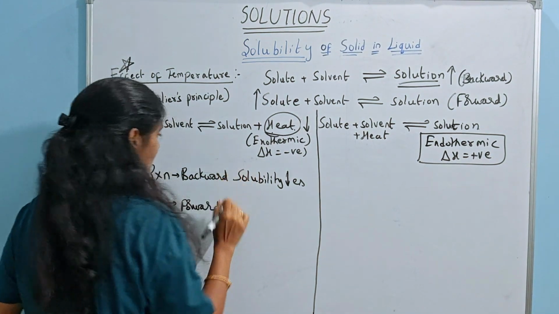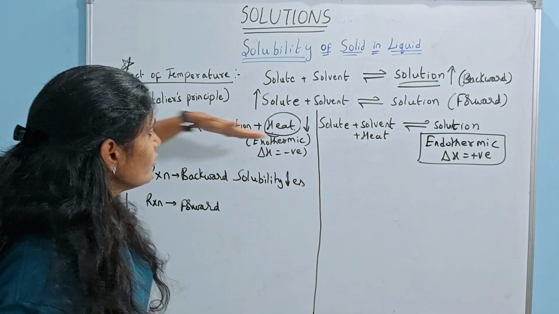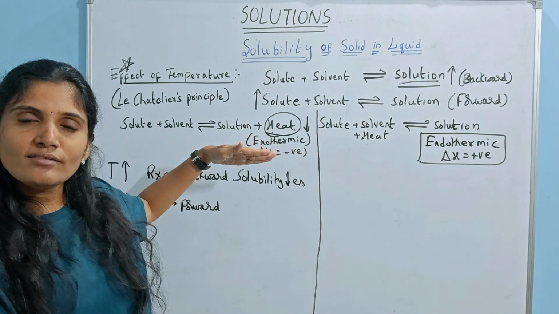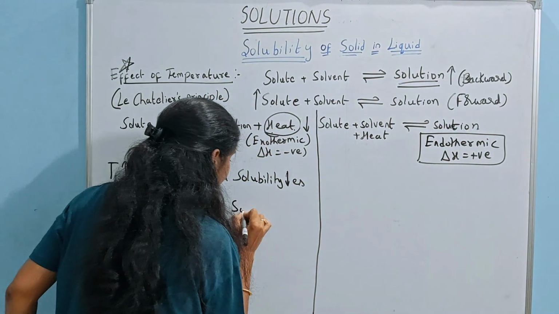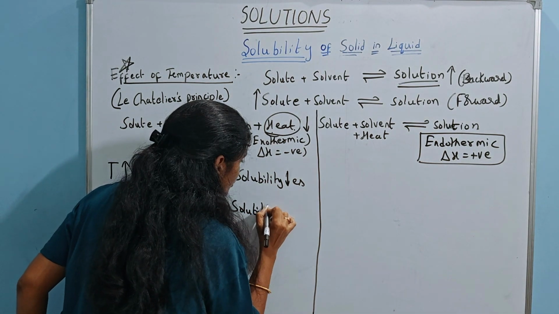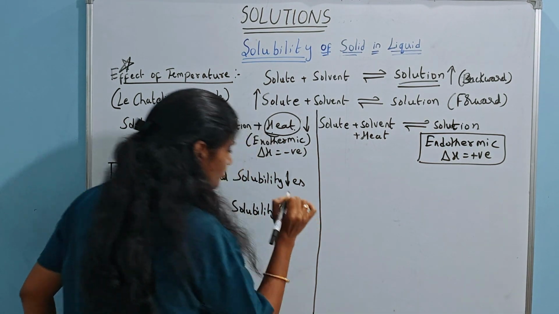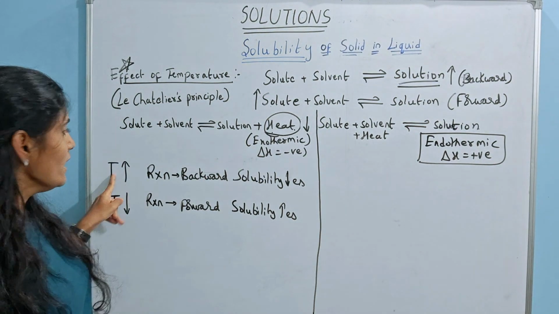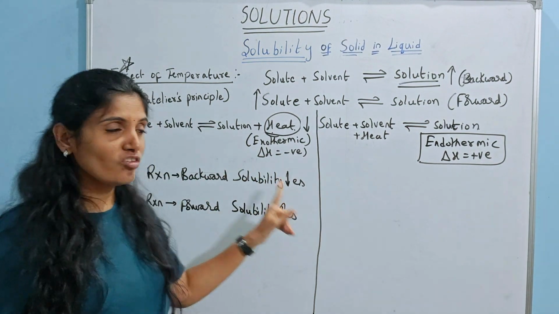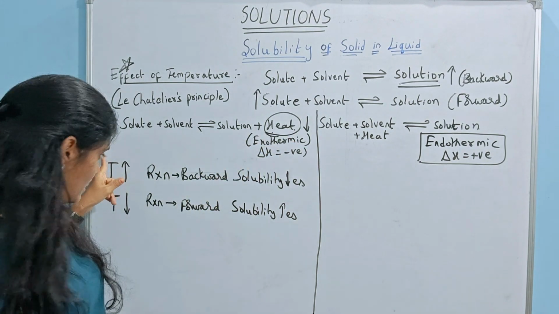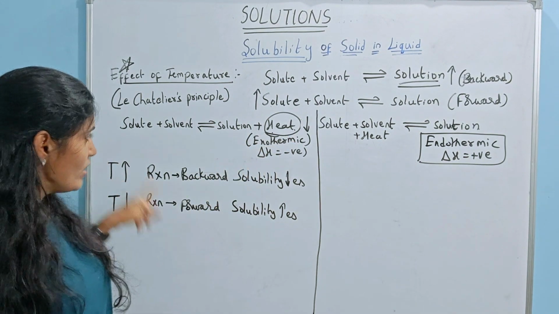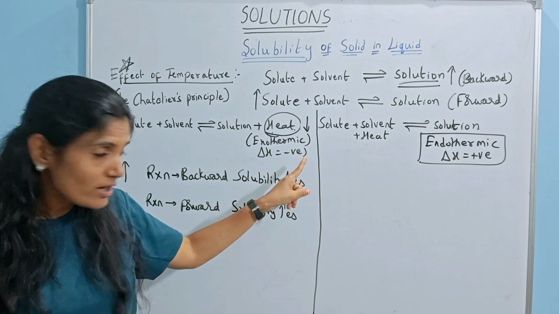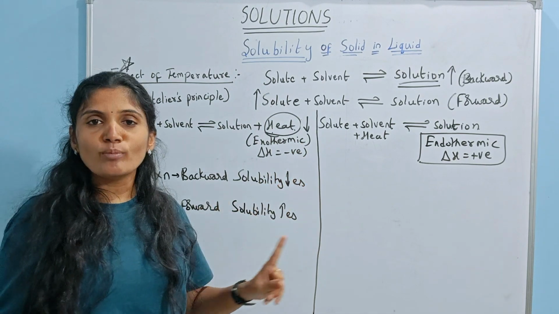Now you tell me, when the reaction is moving in the forward direction, dissolution is increasing, so the solubility increases. So for an exothermic reaction, when I increase the temperature, solubility decreases because the reaction goes in the backward direction. When I decrease the temperature, the reaction goes in the forward direction, whereby the solubility increases.